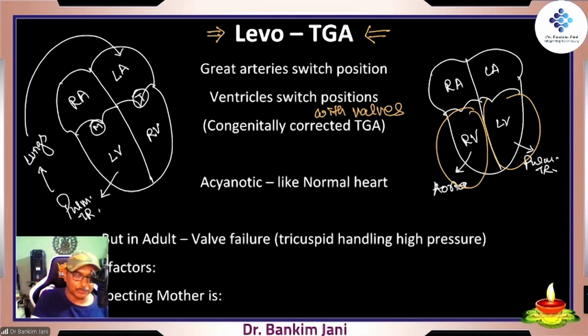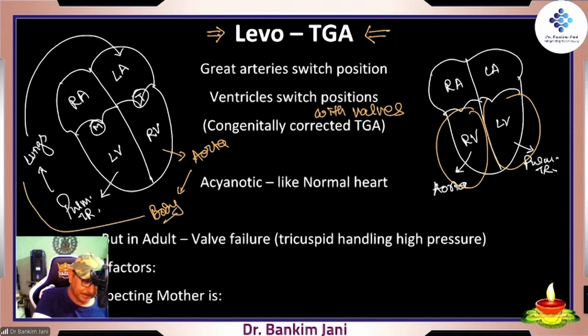From tricuspid to right ventricle. From right ventricle to aorta. From aorta to the entire body. From entire body to inferior vena cava, right? And it goes into the right atrium. Wonderful, right? This is how God did the surgery.